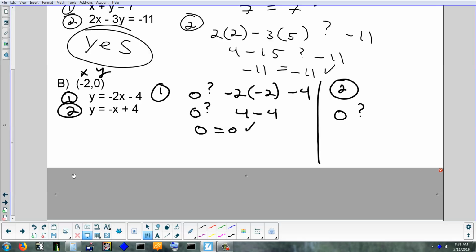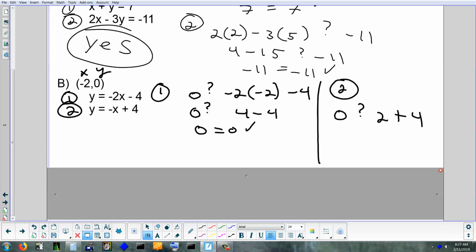Y, I'm going to put a question mark. -x plus 4. So x would be -2, and they want me to put in -x. So what do I put in? Right, it's like -2, which is like +2. Right? -x, -2.